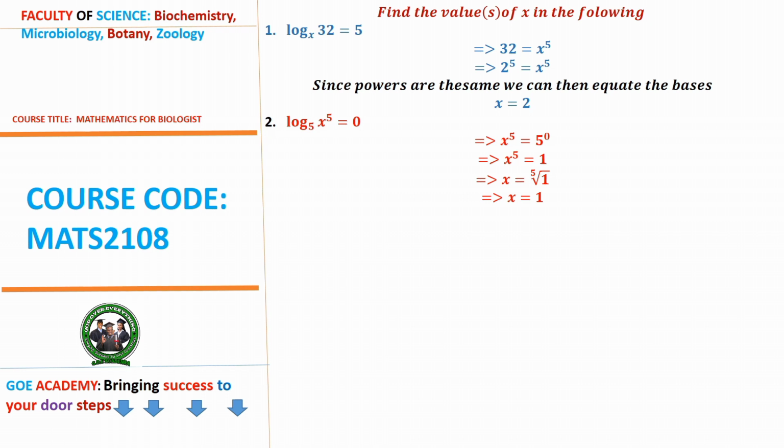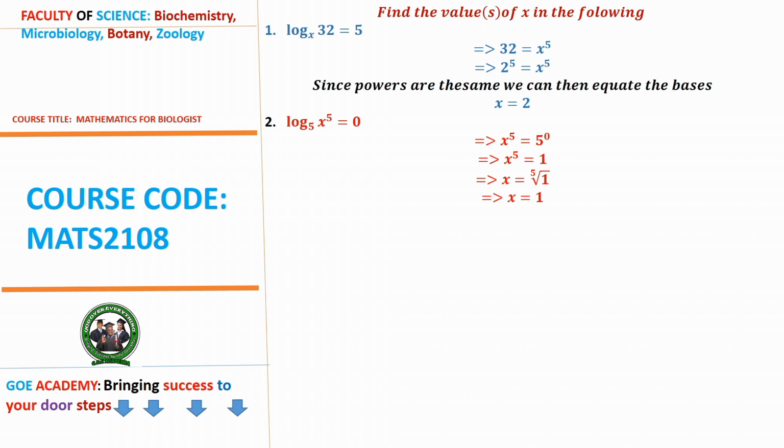It means we should look for a number that, multiplied by itself 5 times, gives us that same number. So we have 1 times 1 times 1 times 1 times 1, 5 times, and it gives us 1. So the 5th root of 1 is simply 1.